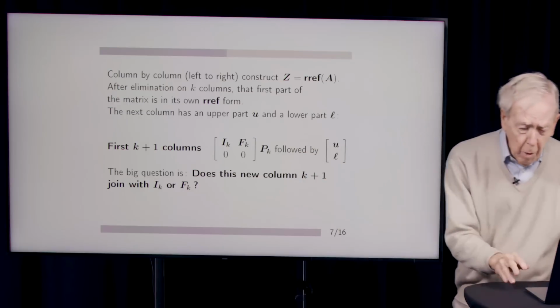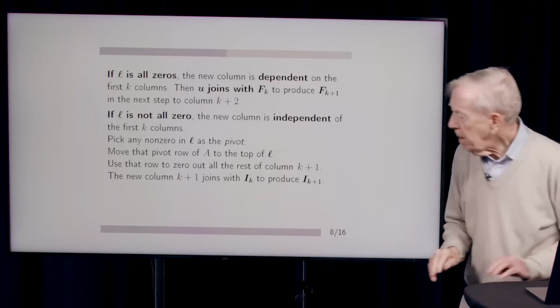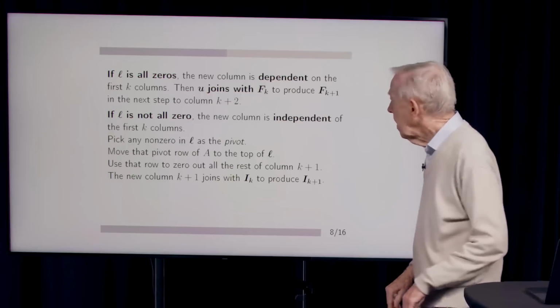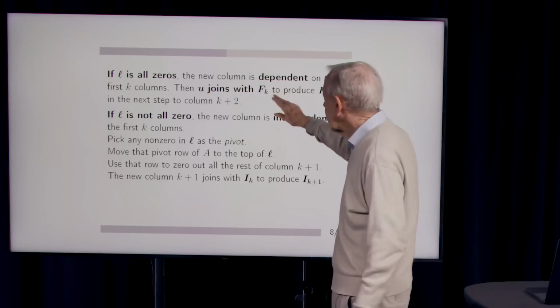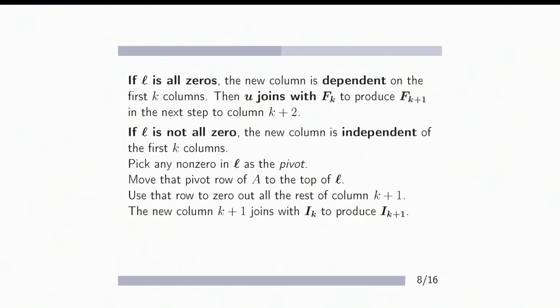So if L is all zeros, the new column joins with F. If L is not all zero, the new column is independent. So we've hit another independent column, and we do elimination on that column to get it into the right form to be ready for column k plus 2 coming next.